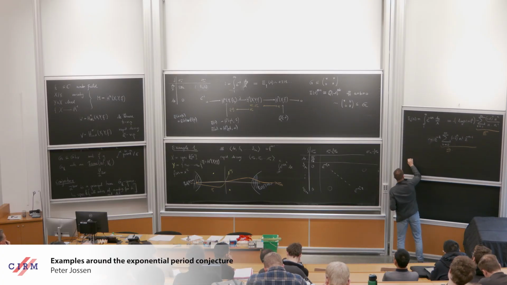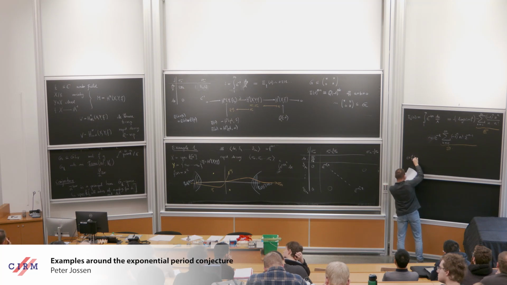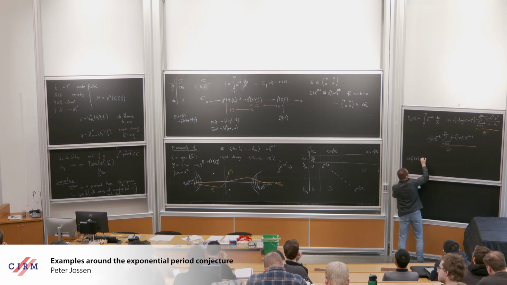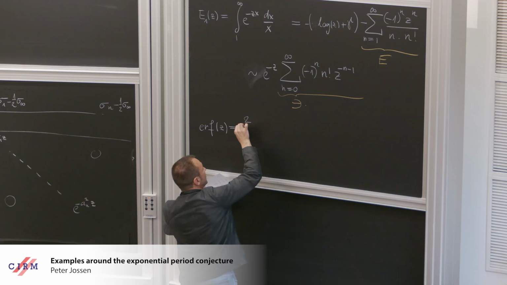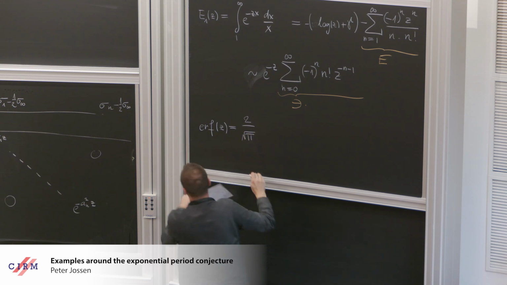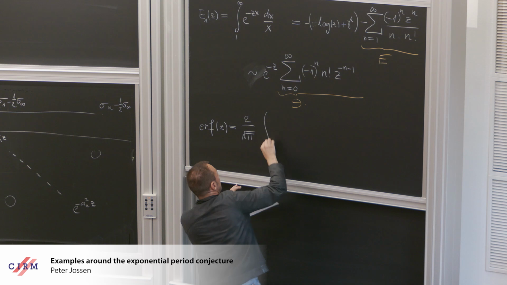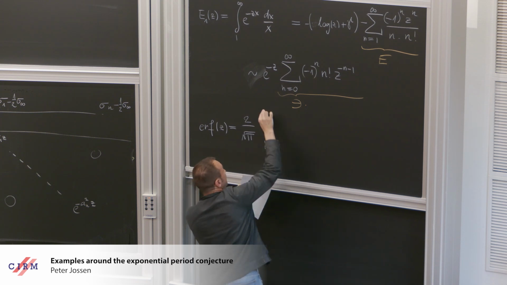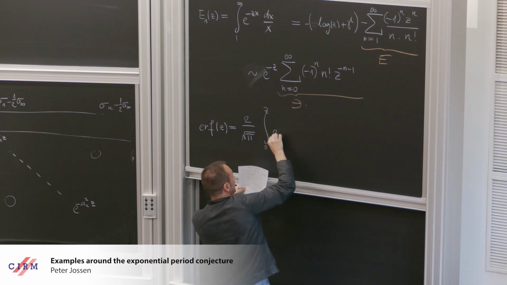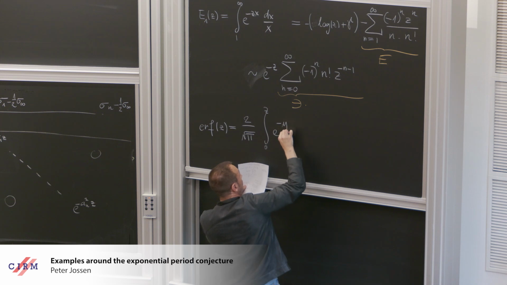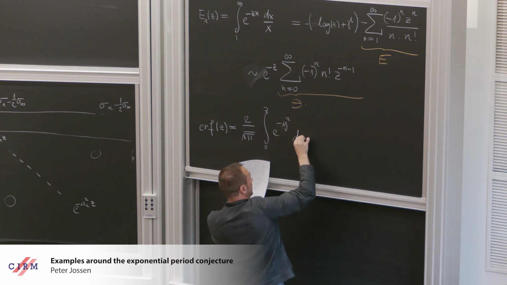As a reminder, the error function of z is defined as 2 over square root of pi. That's a normalization the statisticians like to make. And then it's the integral that goes from 0 to z of e to the minus y squared dy.